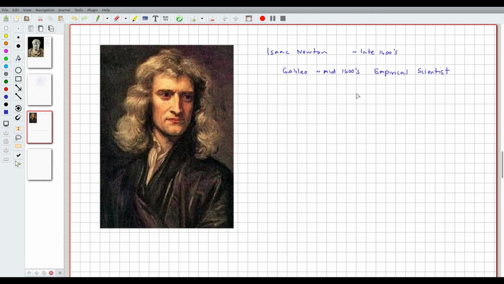Now, what's that mean? Well, an empiricist is all about measuring nature. We say that the sciences are broken up into two rough areas. You have theory and you have empiricism. That's not entirely true.